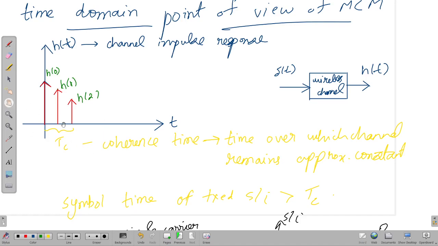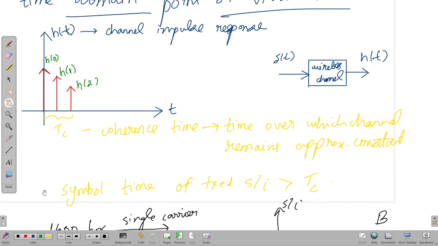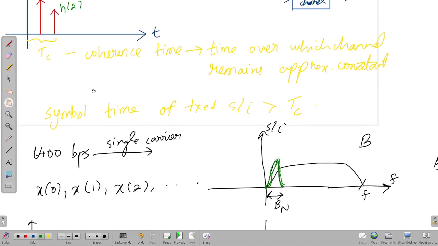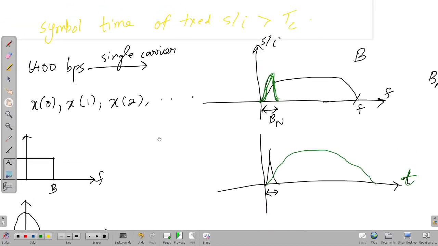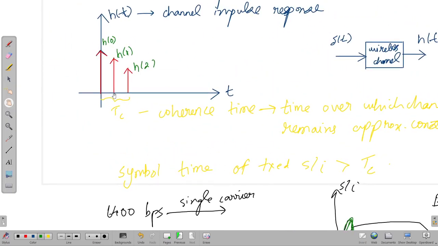Let's take another case, where the signal symbol time is less than the coherence time, and we'll see what happens.